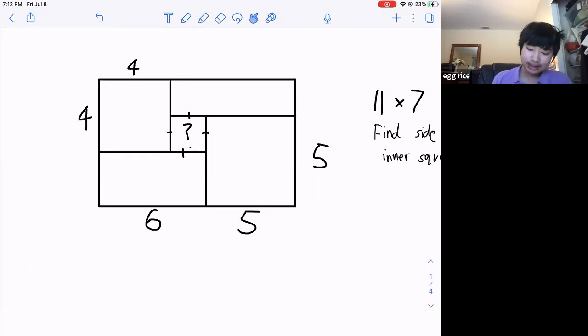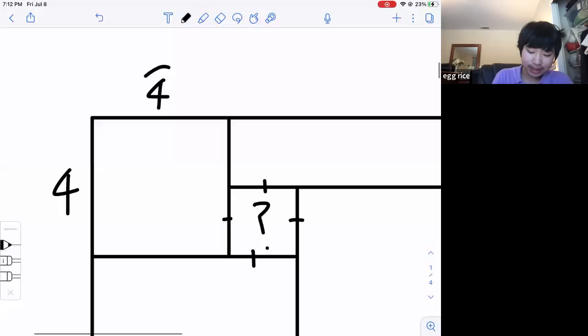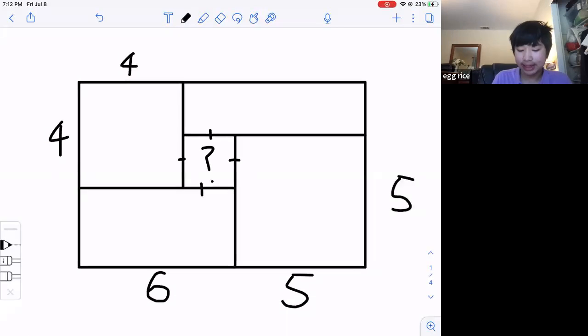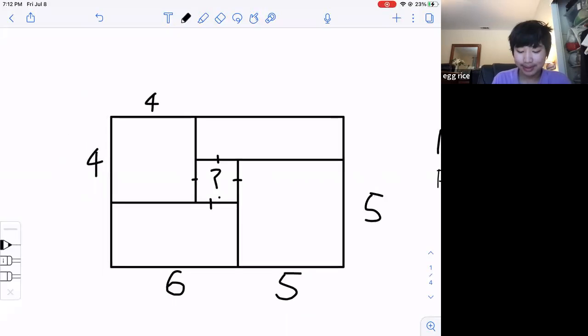Yeah, so this is a geometry problem. These numbers represent the side lengths, the length of this square. You can think of it as pieces being put together, all of these squares and rectangles, like puzzle pieces.